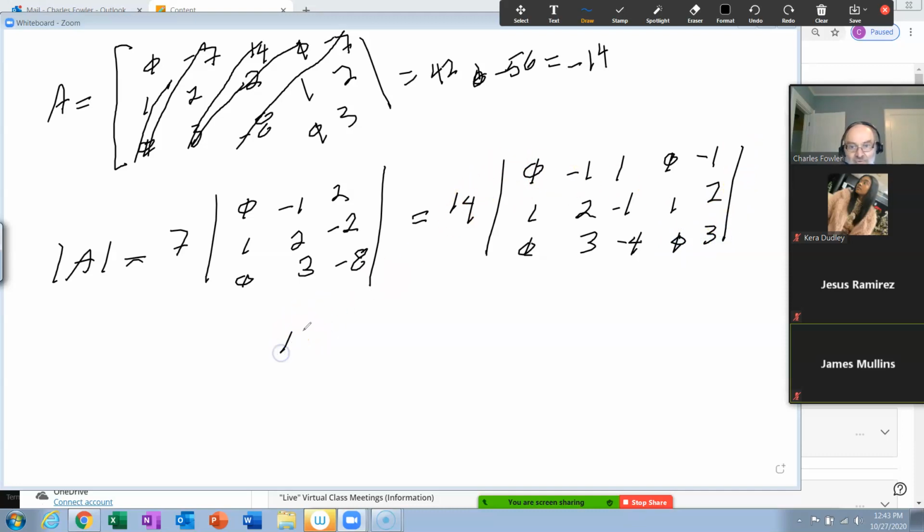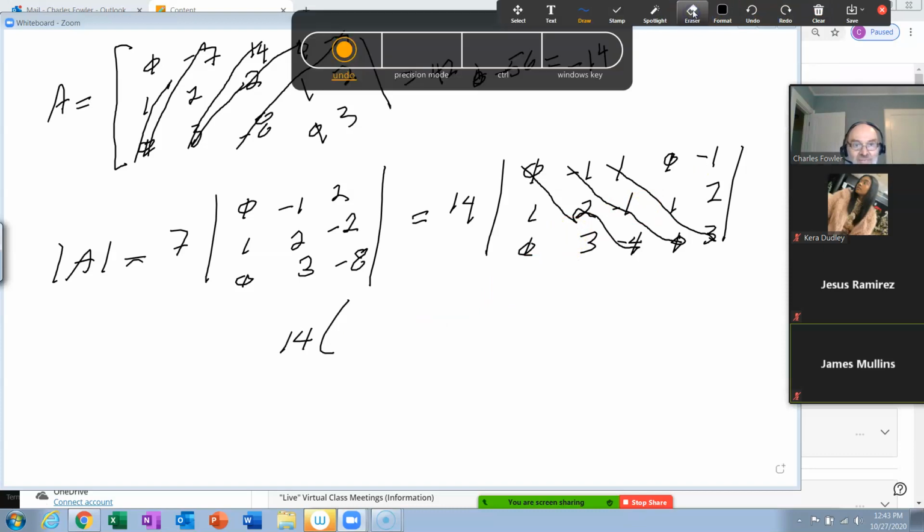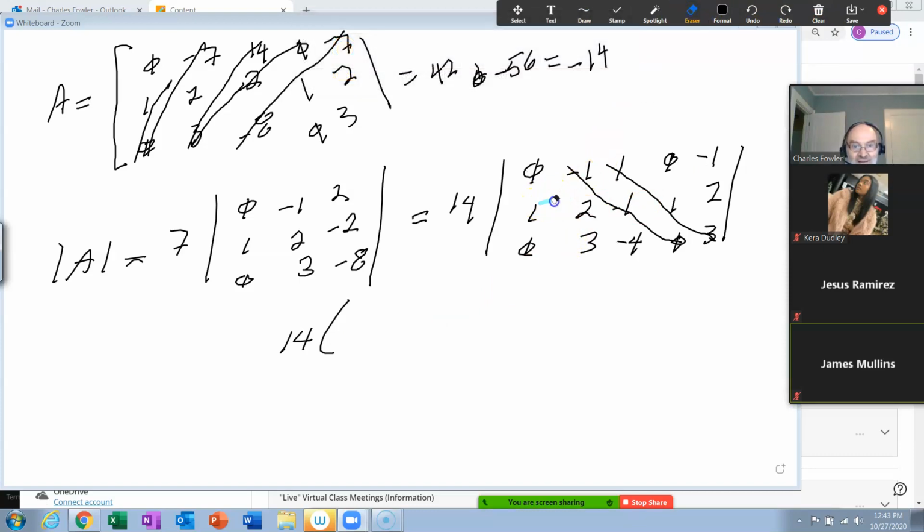So this will be a 14 times down diagonal 0, down diagonal 0, down diagonal 3. Okay, I'm going to try to erase some of those, and do my up diagonals.